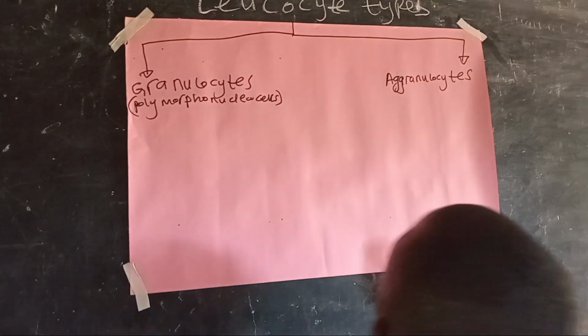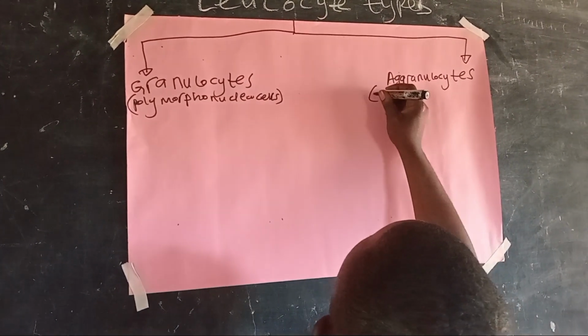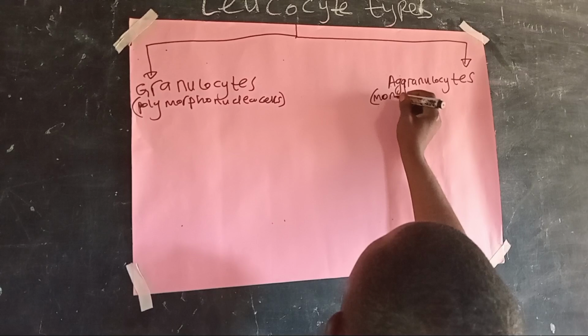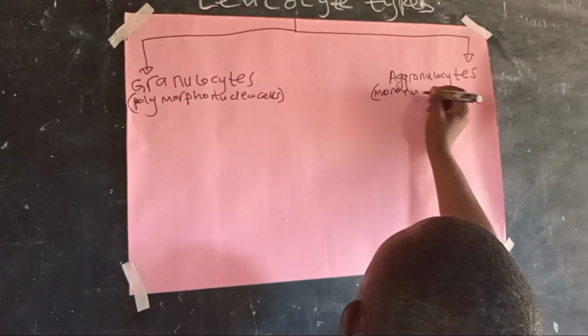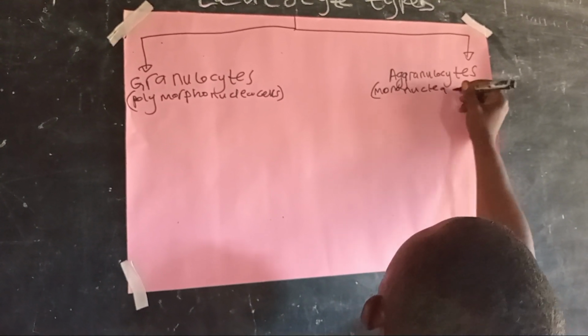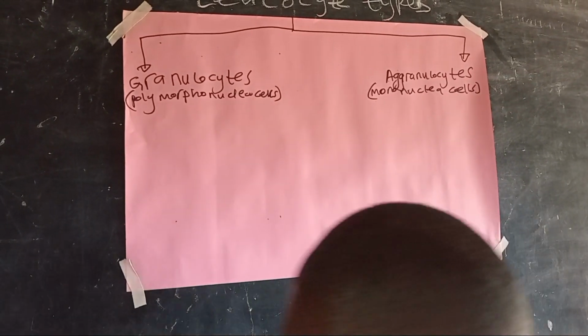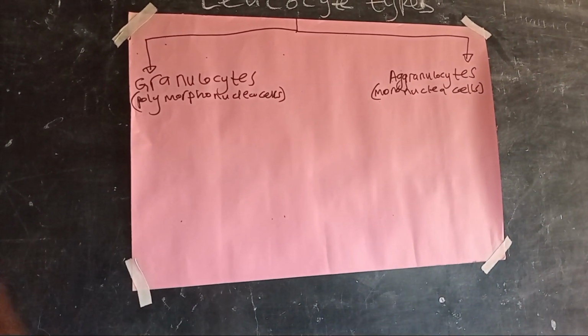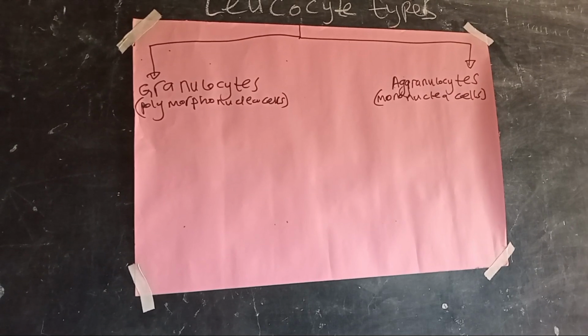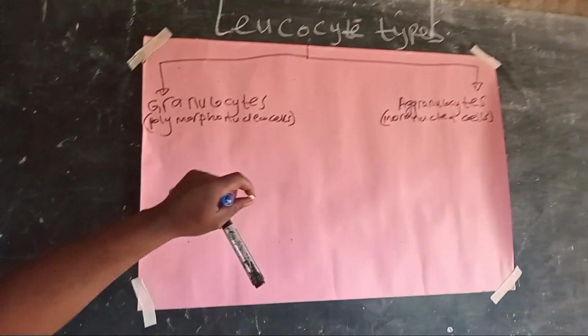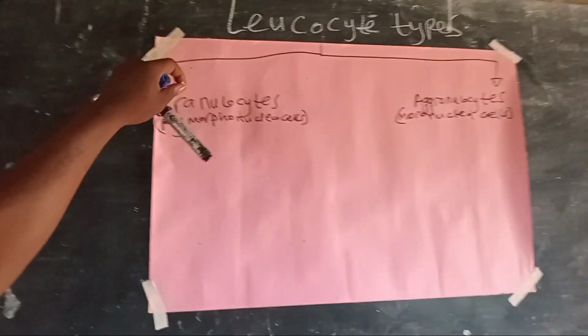The agranulocytes are sometimes called mononuclear cells. The granulocytes have granules, that's why they are called granulocytes.